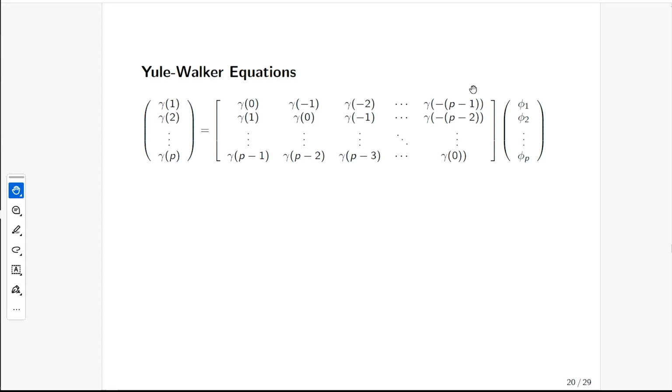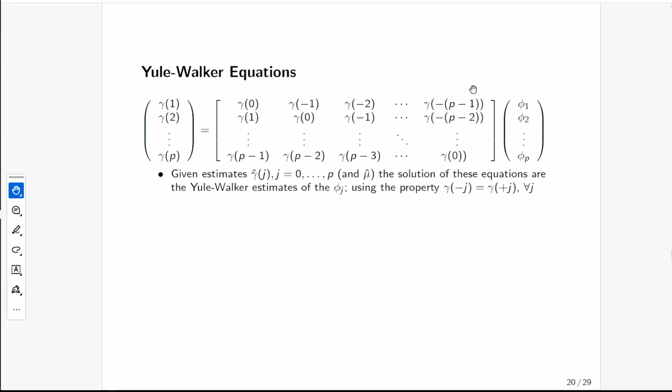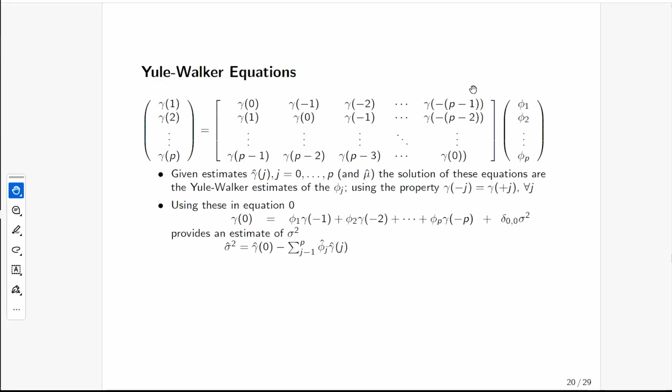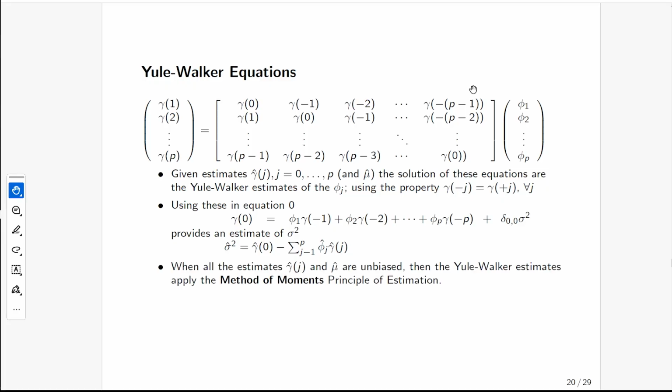And with the properties of the autocovariances, they are symmetrical, so we can use this to make the computations of the matrices. When we use this Yule-Walker approach to estimate the parameters, we're using a method of moments principle for estimating the autoregressive model parameters.